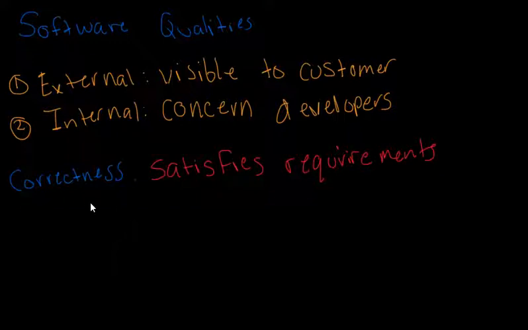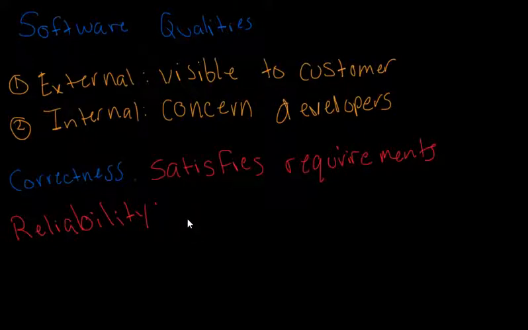And then another thing we can call a software is reliable. When you're talking about software qualities, you use a lot of "nesses" and "abilities." So we're going to call it reliability. If a software is reliable, it means it has a low probability of failing.